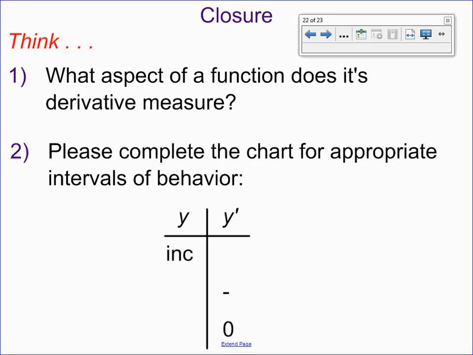Go ahead and share with the class your response to number one. What aspect of a function does the function's derivative measure? Gabby? Instantaneous rate of change, x equals c. Good. So our derivative measures the instantaneous rate of change of f at any point x equals c.